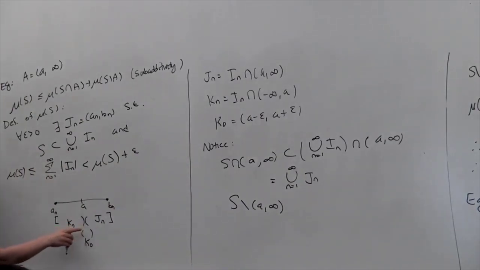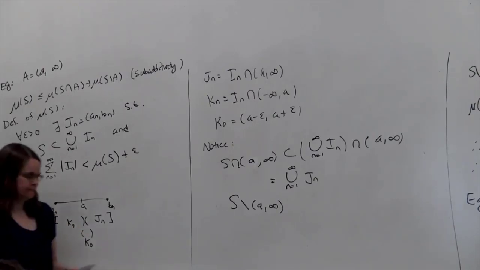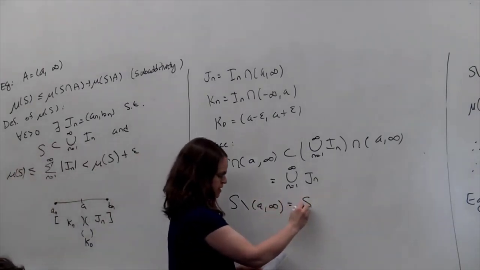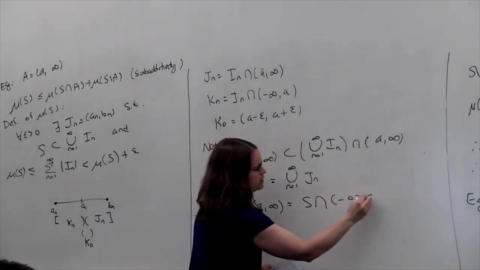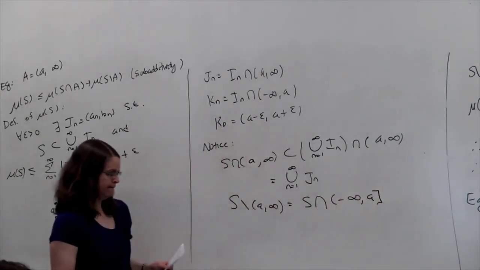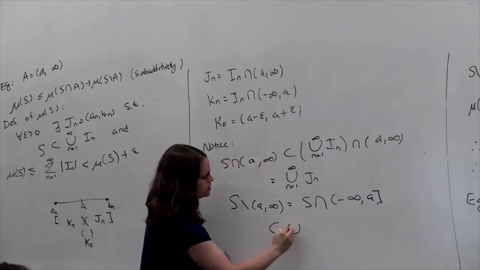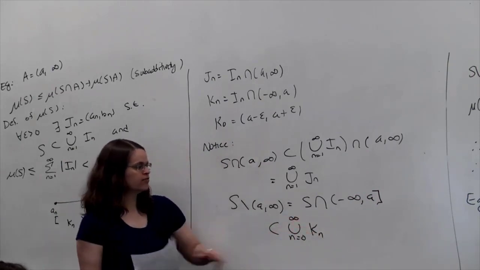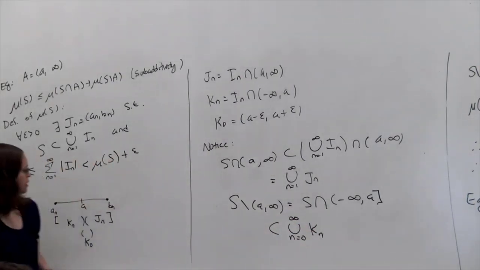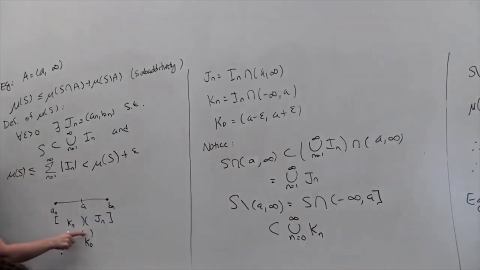Well, that's the part of S that's back here, less than or equal to A. So it's the part that's going to intersect with all the K's and with this K_0 to make sure we include A. So this is the same as S intersection minus infinity to A, including A. And this is contained in all of these K_n's. Here I started at n equals 0 to make sure that we also have an interval that covers A itself.